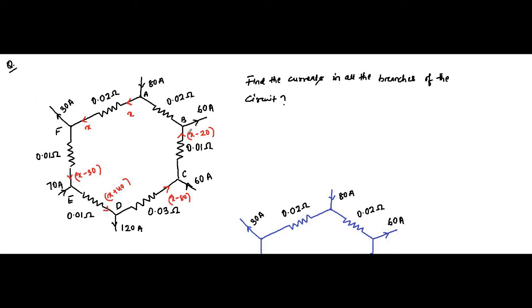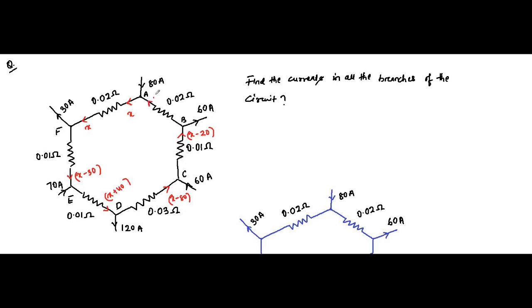Then at node B, X minus 20 is entering, 60 ampere is flowing away, so it is X minus 20 minus 60, not plus 60, because it is flowing away. It will be X minus 80.